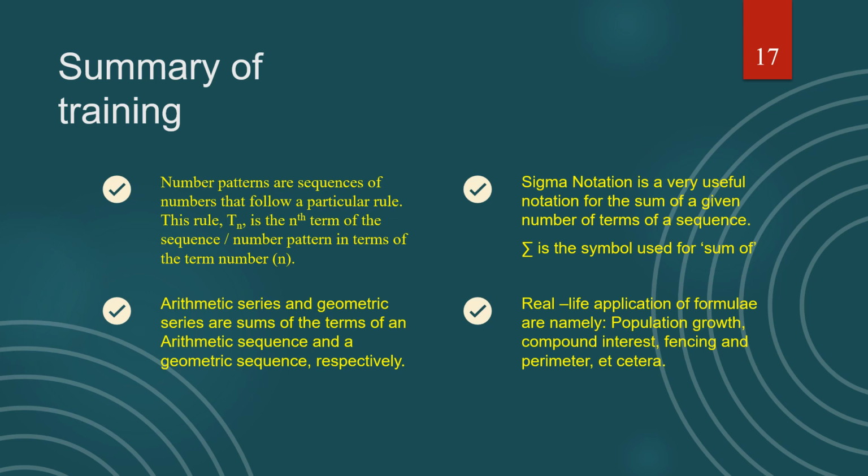Arithmetic series and geometric series are sums of the terms of an arithmetic sequence and a geometric sequence respectively. Sigma notation is a very useful notation for the sum of a given number of terms of a sequence. Sigma is a symbol used for 'sum of'. In real life, the applications of the formulae are population growth, compound interest, fencing, and so on.